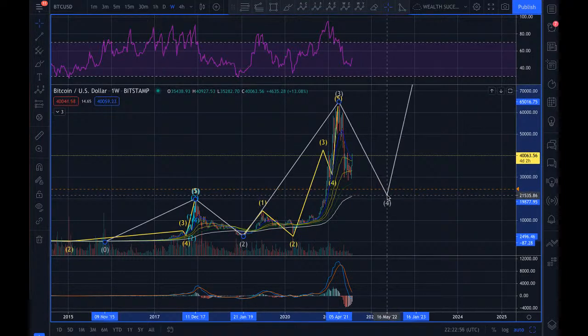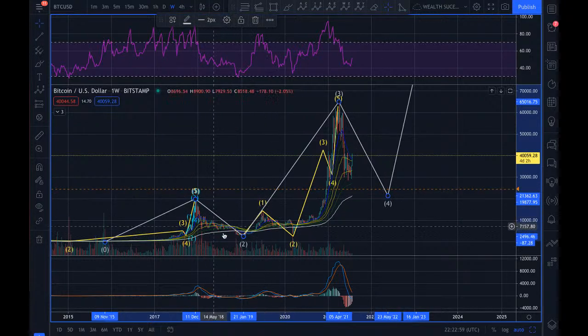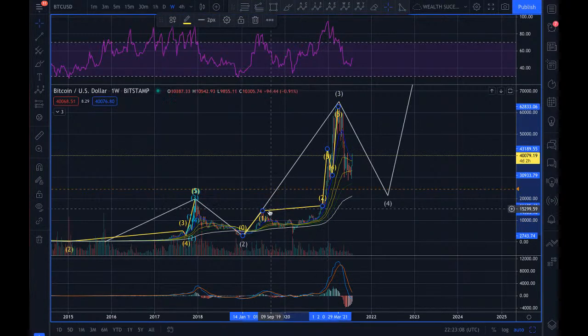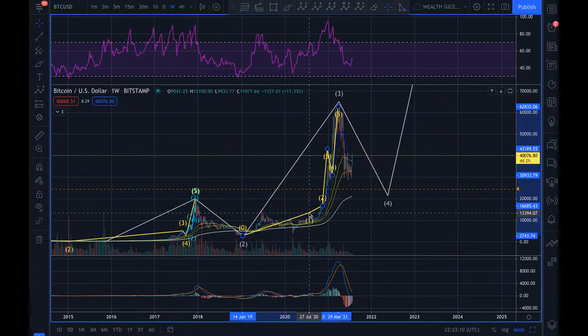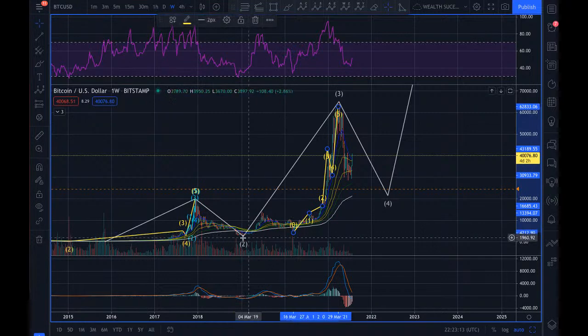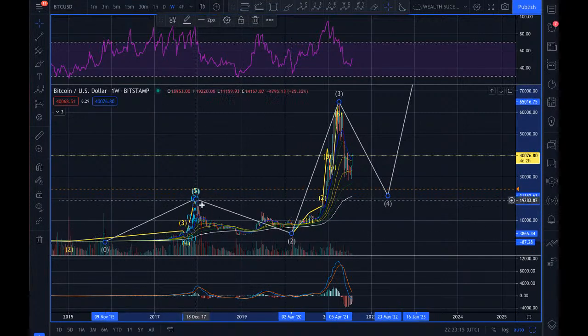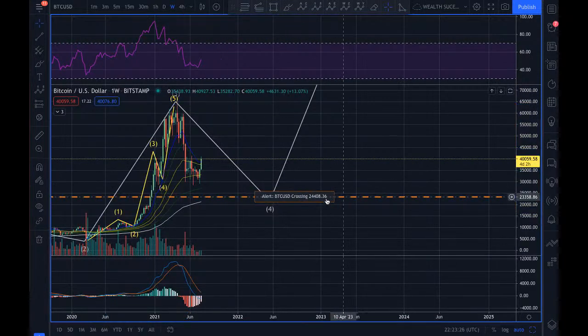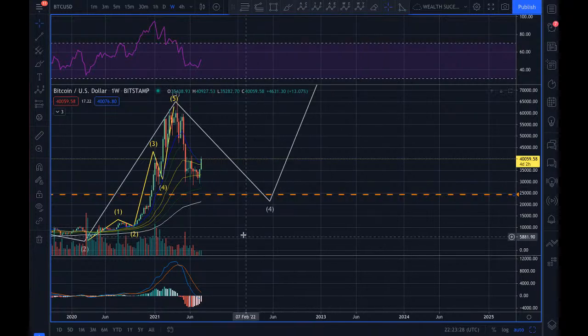It could be quick, it could be long. This correction took a long time. That was either still part of the correction, and yeah. This looks like the correction could have been this triangle. And then here's the 1, 2, 3, 4, 5 going up. That looks much better.